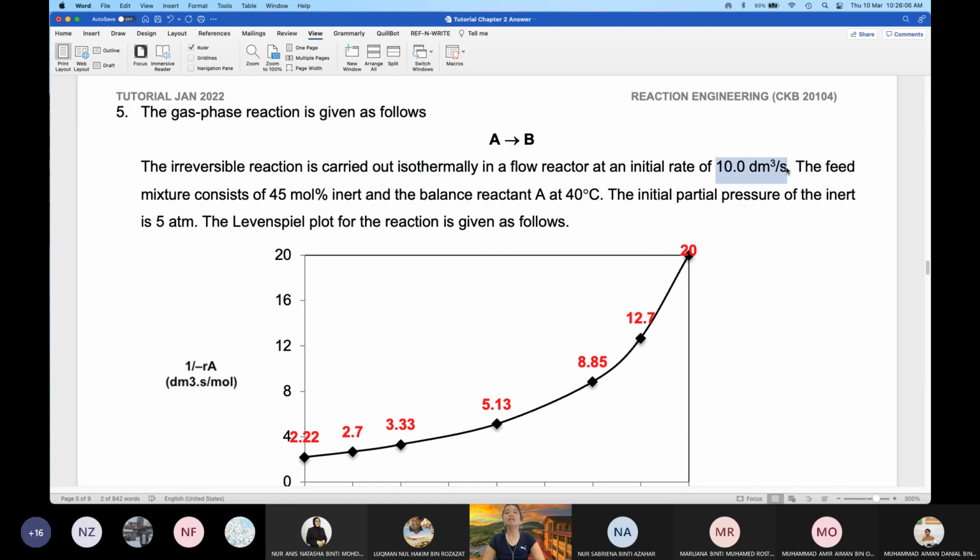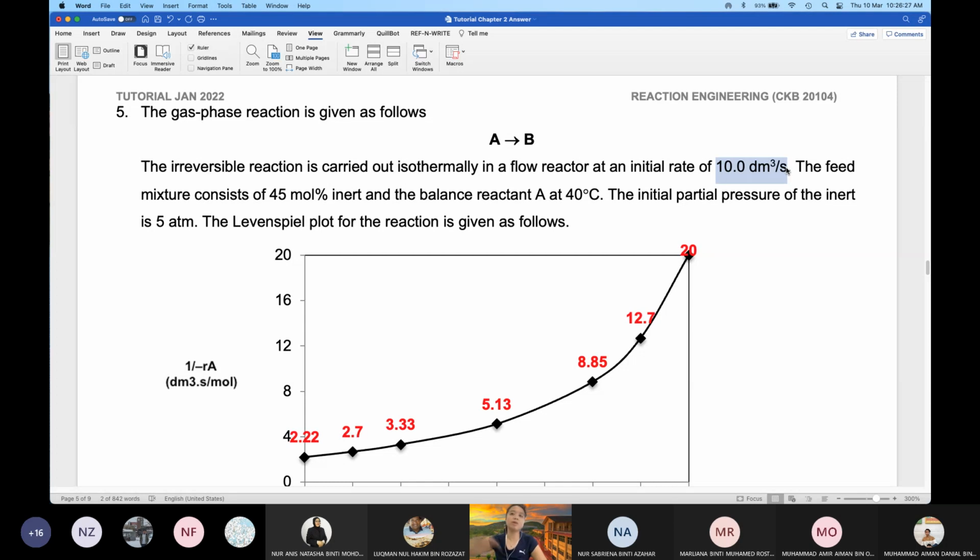You know dm cube is volume, second is time, so volume per time is volumetric flow rate. It says initial, right? So this is v naught. V naught equals 10 dm cube per second. Some of you may make a mistake here and think that the 10 is CA naught.